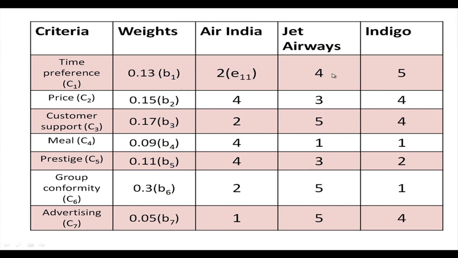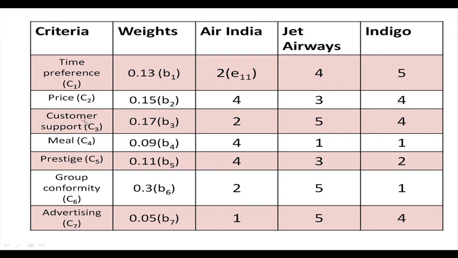Jet Airways is getting 4, which means it is good, not excellent. Indigo is getting excellent. Similarly, for price, Air India scores 4, Jet Airways 3, Indigo 4. He says that Indigo and Air India are comparatively more cost efficient than Jet.